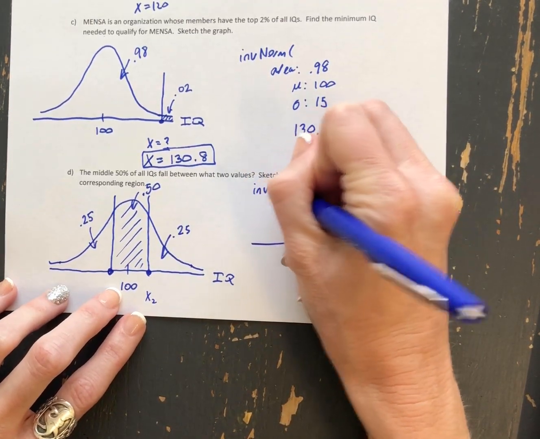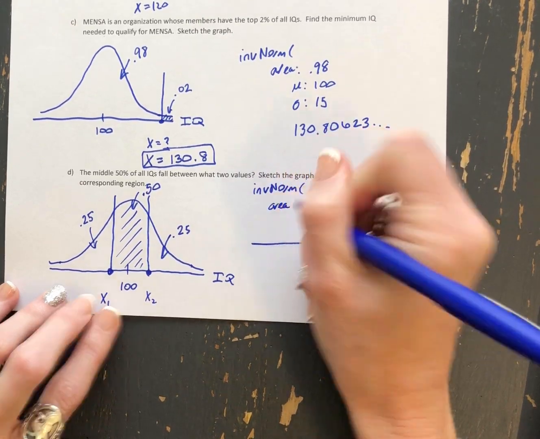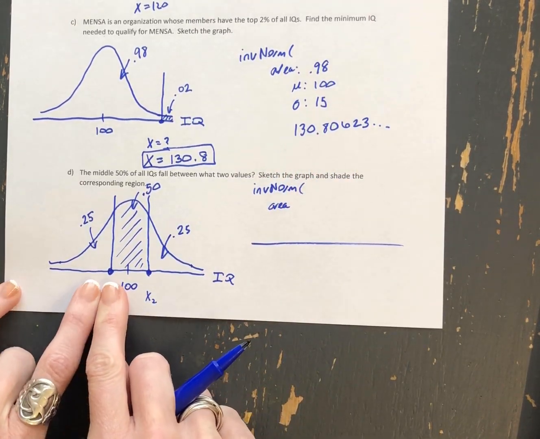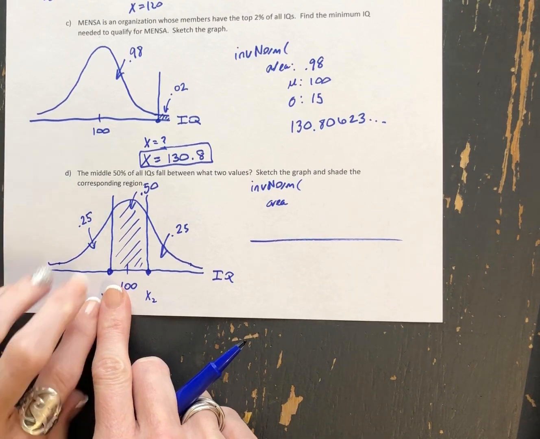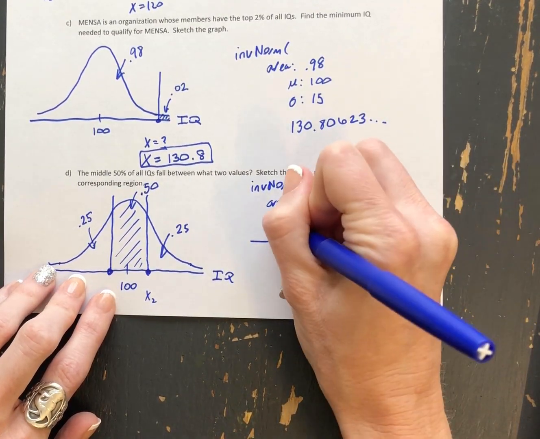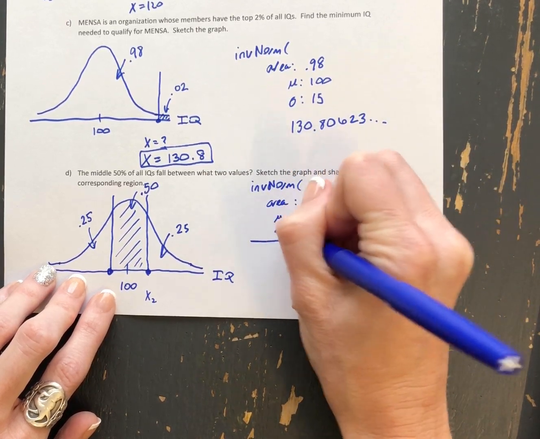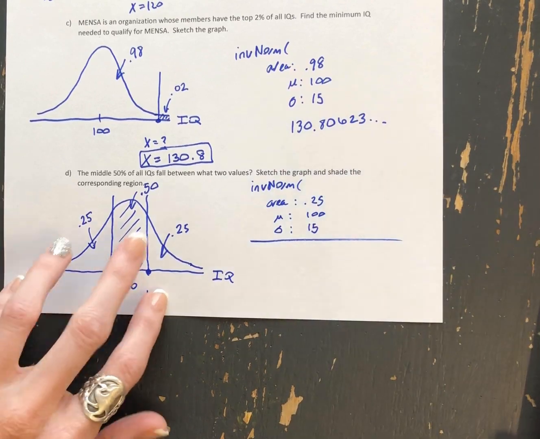So inverse norm, the first value right here has an area to its left of 25%. So area is going to be 0.25. Mu is still 100, sigma is still 15.